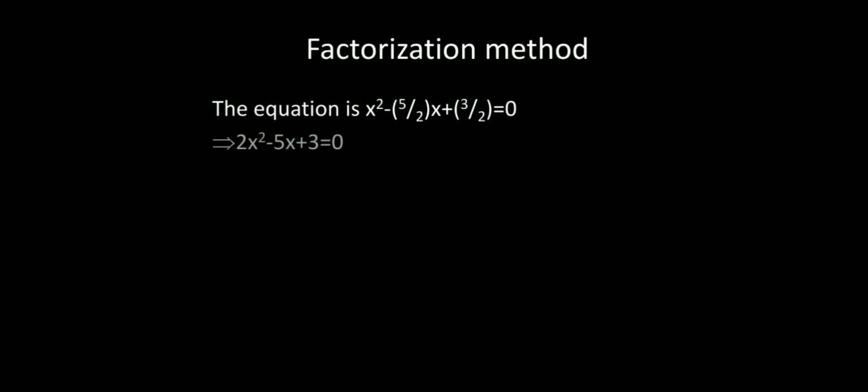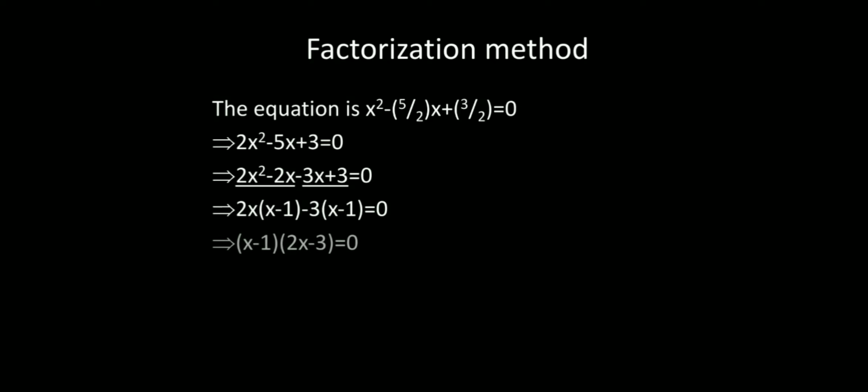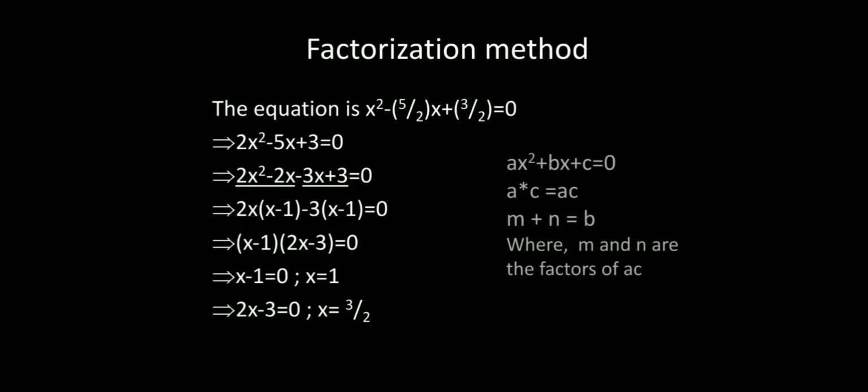Suppose you have this equation. This can be written as 2x square minus 5x plus 3 equals 0. Now what I have done is the middle term split. How to do the middle term split?